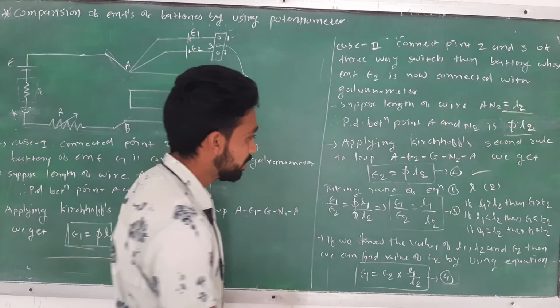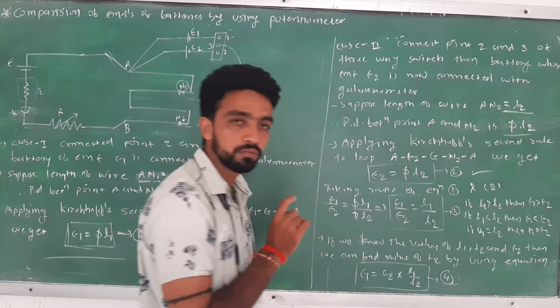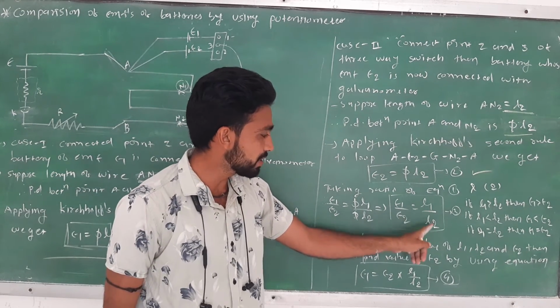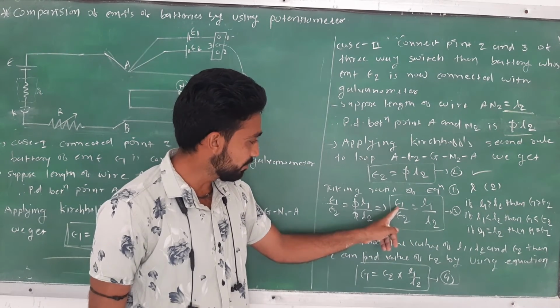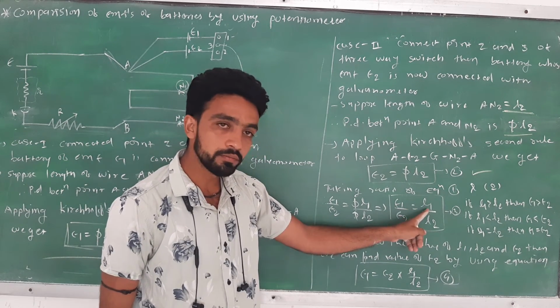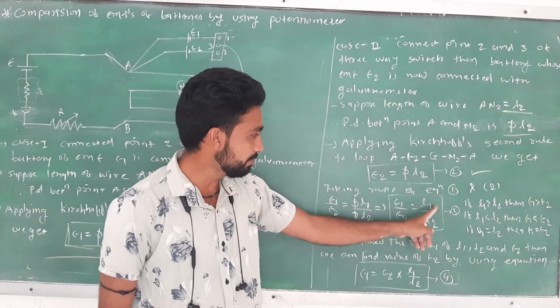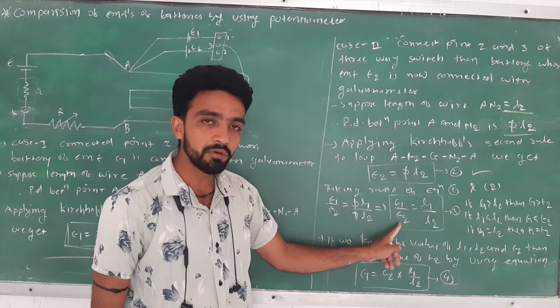Let us take examples. Suppose this length l1 is greater than l2. This is a supposition. Also you can see epsilon 1 is directly proportional to l1, and epsilon 2 is directly proportional to l2. That means if l1 is greater than l2, then epsilon 1 is also greater than epsilon 2.